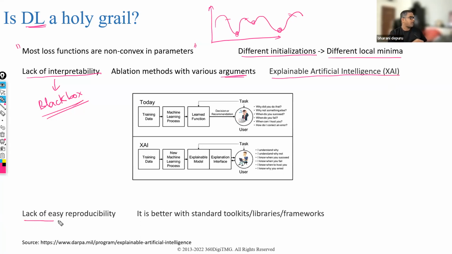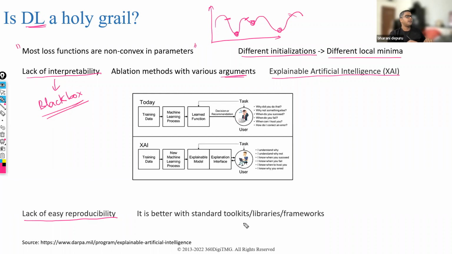Another thing is lack of easy reproducibility. If I run the algorithm now, since the weights are initialized here, I might get this loss and accuracy might be better. Next time, maybe weights are initialized here, so I'll reach this minimum and get less accuracy. So you cannot reproduce the results easily.